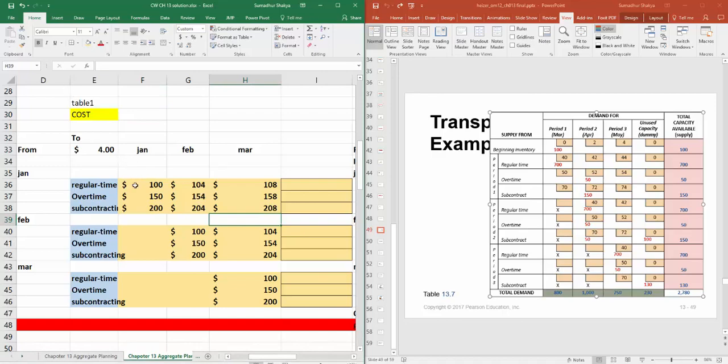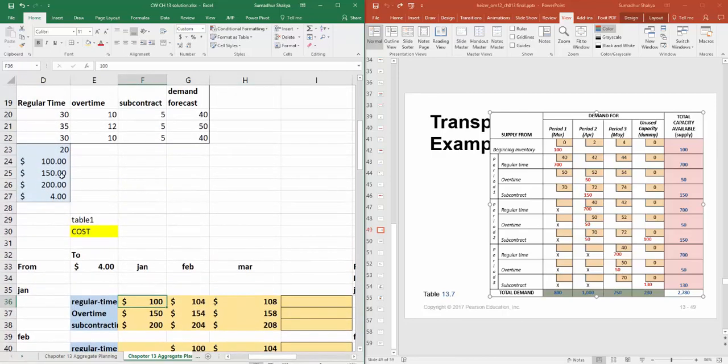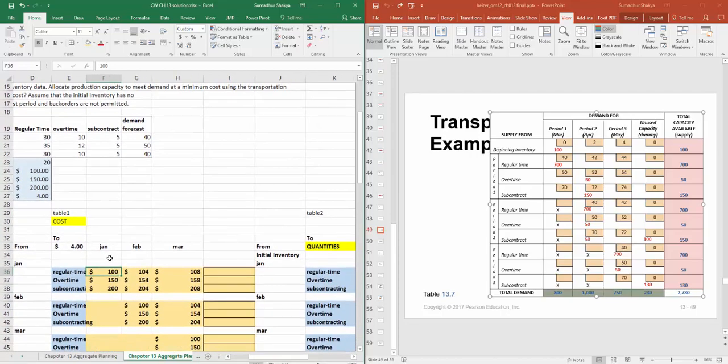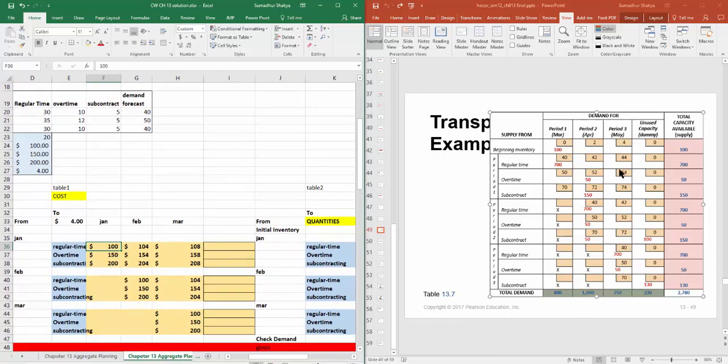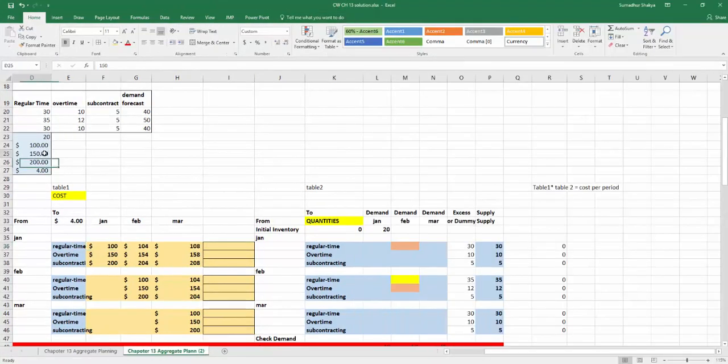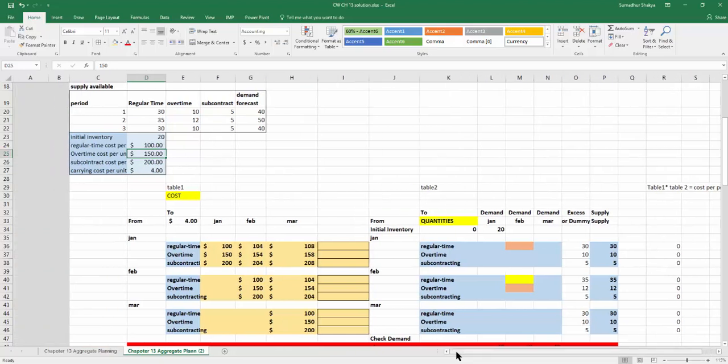So at this point, $100 is given to me as the regular cost, which is here. So let's see. Okay, should still be visible. So keeping the same format, I'm designing only the cost tables. So for now, the given information to me is that it costs $100 to make in regular time.